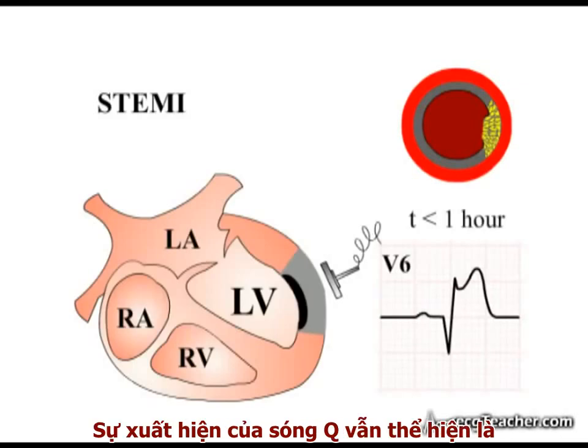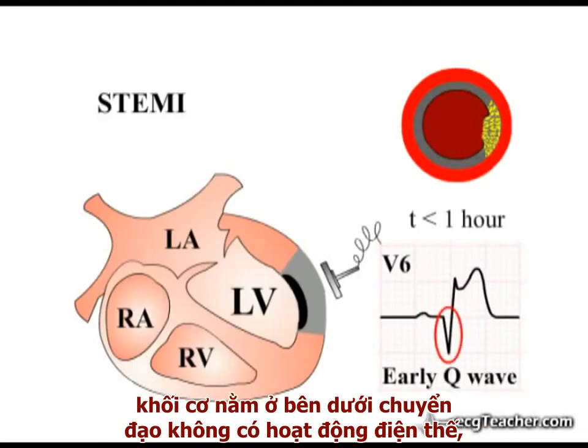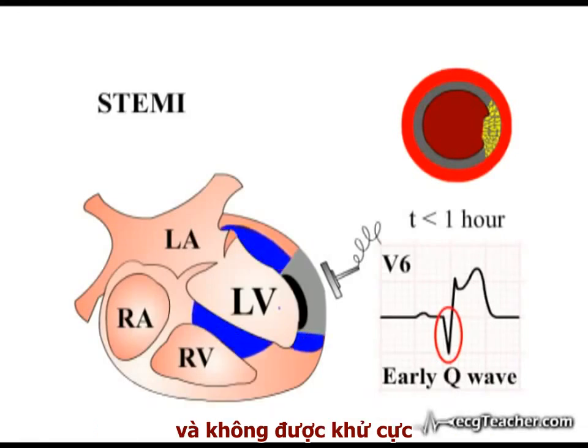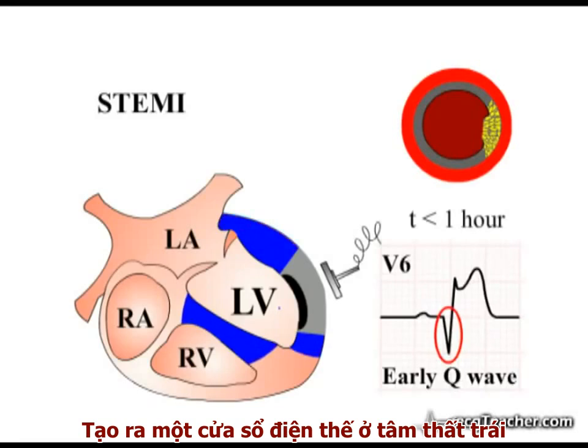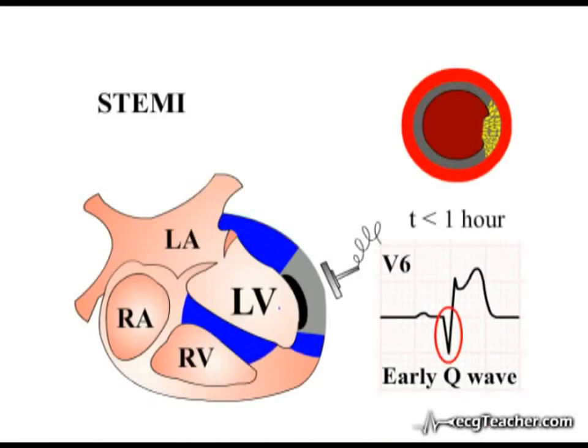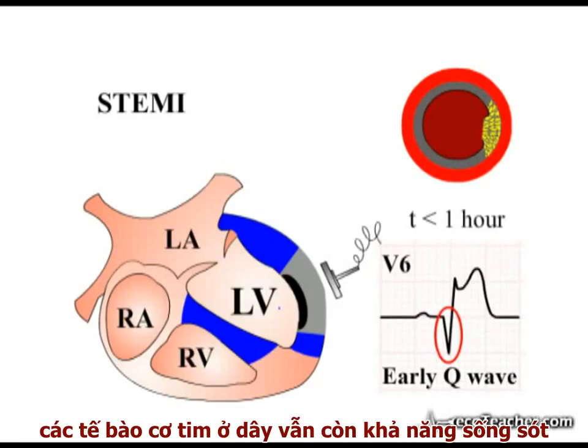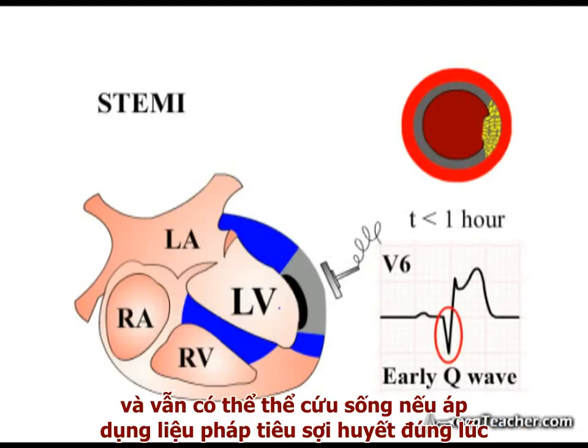In this situation, the presence of Q waves still implies that the muscle underlying the lead is electrically inactive and failing to depolarize, creating an electrical window into the left ventricle. However, although not actively depolarizing, the affected myocardium is still viable and potentially salvageable with timely thrombolysis.